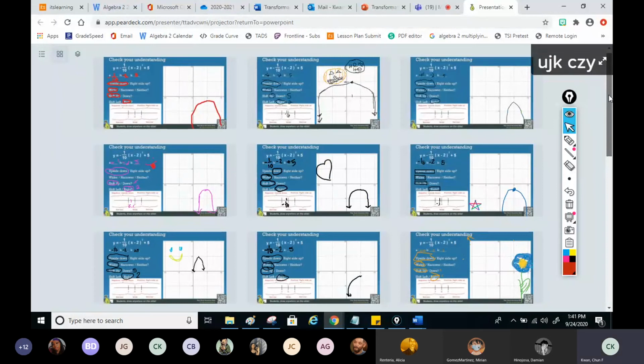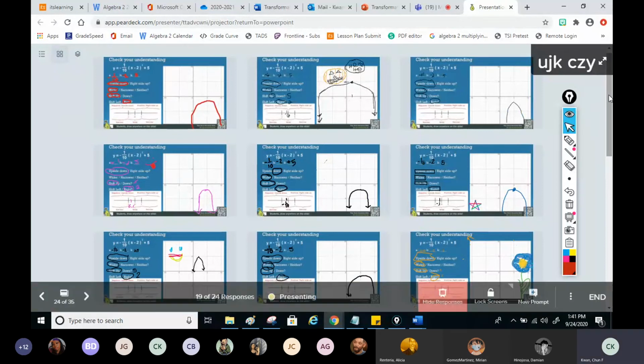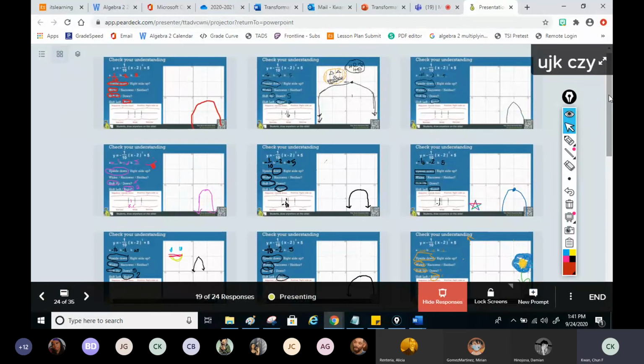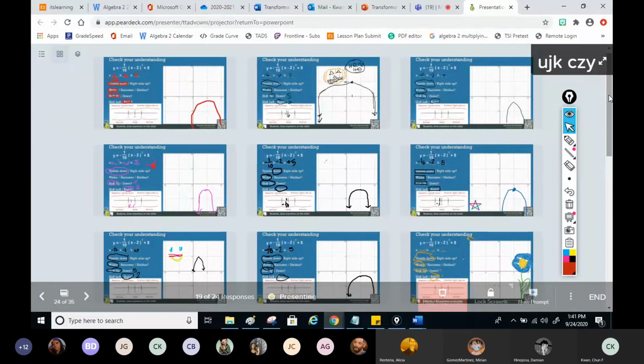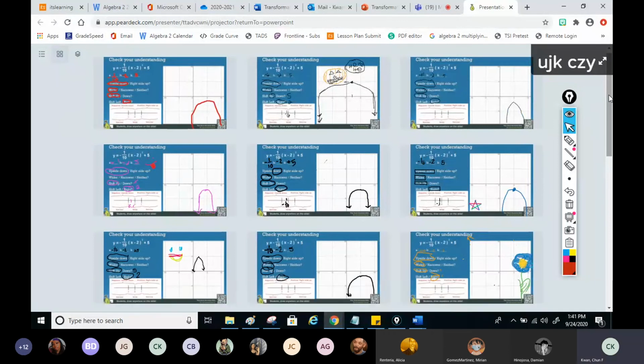All right, it seems like a lot of you guys have the thing shifted down. So what is going on? Look, a couple of you circled shifted up, which is correct. It is shifted up.